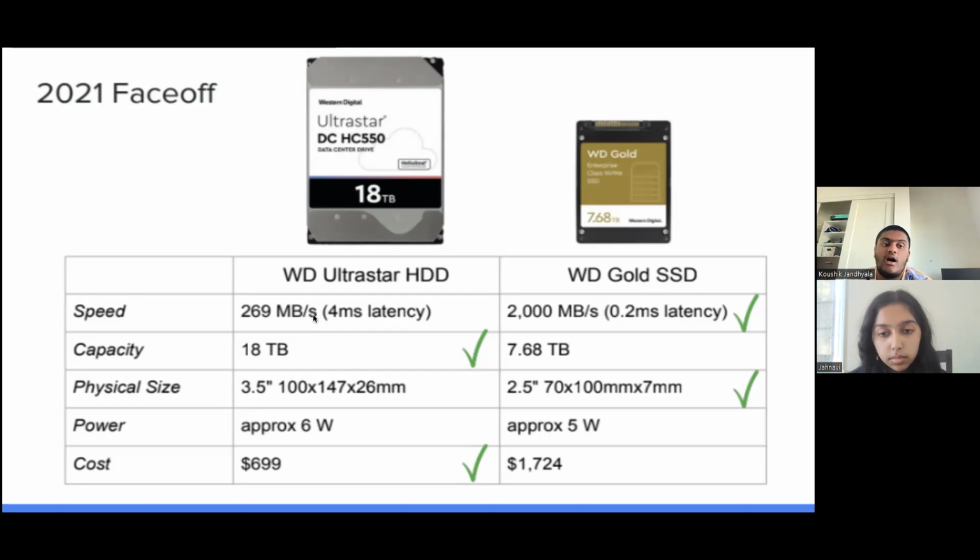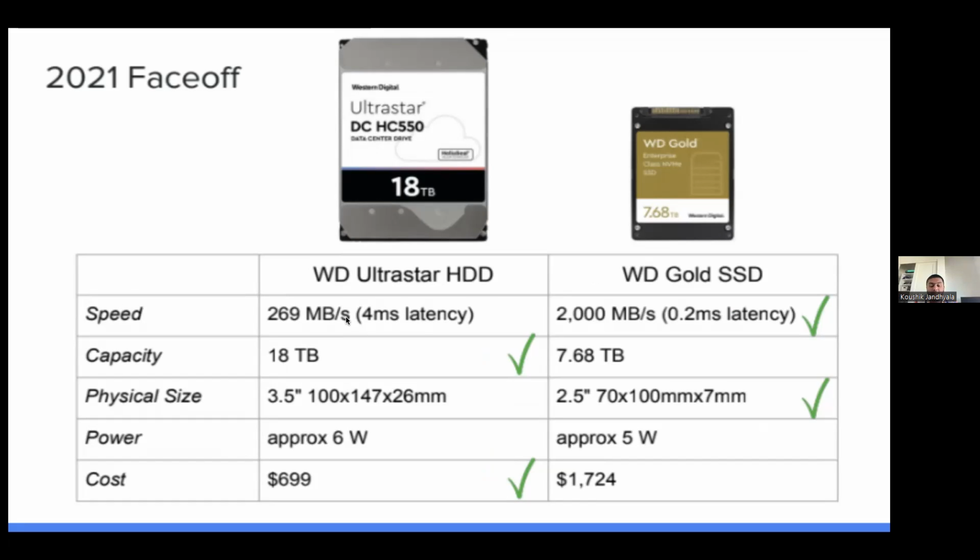Physically, however, the hard drive is heavier and bulkier compared to the SSD. They both draw about the same amount of power, 5 watts and 6 watts, but the cost is much cheaper for the hard drive compared to the SSD.